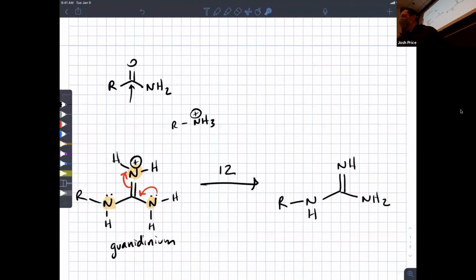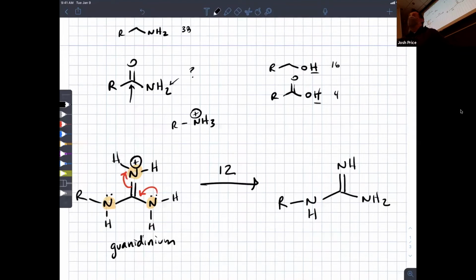The analogy in the world of alcohols is that putting that carbonyl there does lower the pKa of the OH proton from 16 to 4. For the amino group, the pKa is 38. I don't know what it is for the amide proton, but it'll be lower than 38. But I do know it's high enough up that if you're in physiological solution, you never worry about it. Okay, good. What else?